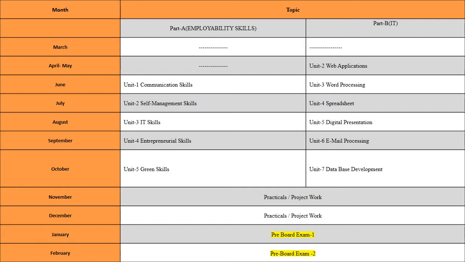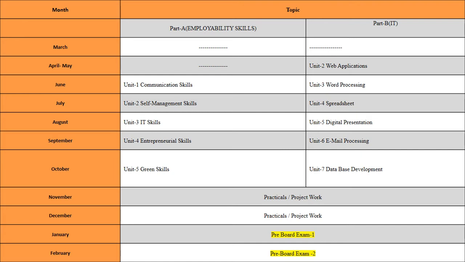And if you take part B, information technology, almost all the chapters you studied in your earlier classes, like word processing, that is Microsoft Word, spreadsheet, digital presentation, email processing, database development. In the ninth class you studied the basics of word processing, spreadsheet, digital presentation. Now in 10th standard they have given intermediate, a little bit advanced from the basics. Like mail merge you will study in word processing, along with editing and formatting.